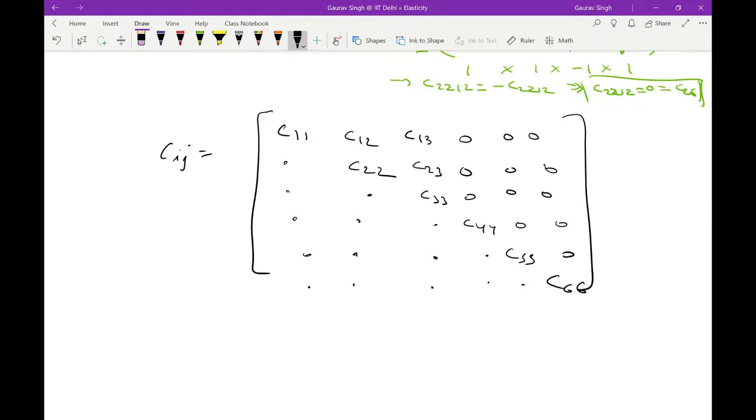Okay, so we had 21 to 13 earlier, and how many of them are there right now? They have 9. Okay, you can see this and see that there are only 9 independent constants.